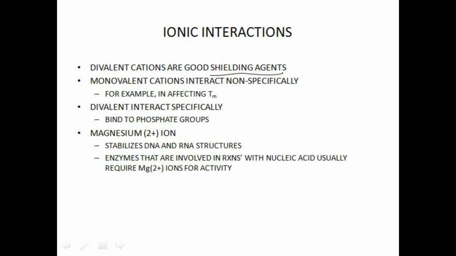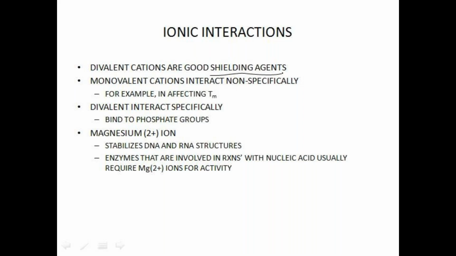Whereas monovalent cations interact non-specifically, affecting the Tm values. And the divalents also interact with the phosphate groups, maintaining and stabilizing the charge. These are mainly needed for the stabilization of DNA and RNA structures.